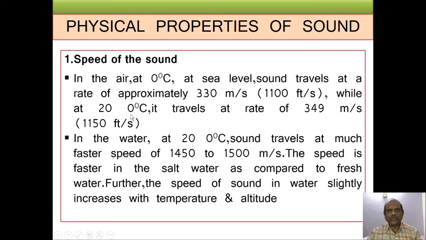At 20 degrees centigrade, it travels at 349 meters per second, or 1150 feet per second. Concentrate on these two figures: a change in temperature causes a change in the velocity of sound. It increases when the temperature increases.